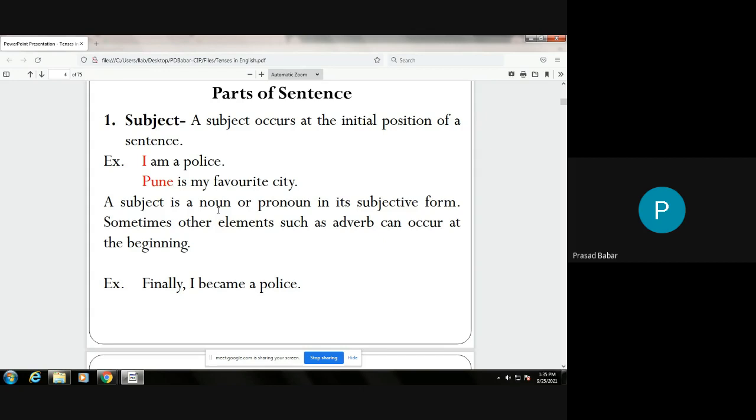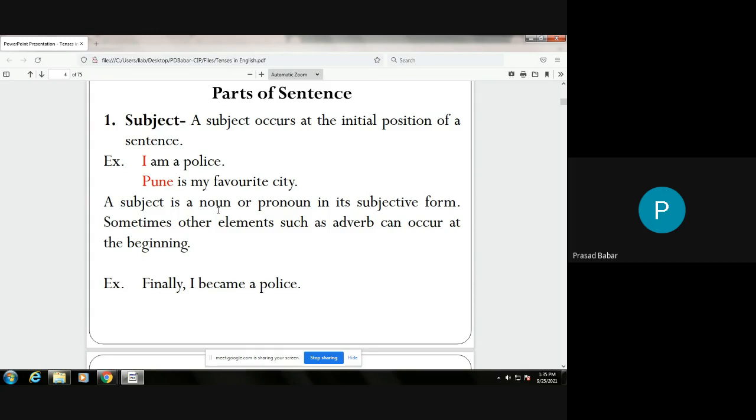Let's see an example of that. Finally, I became a police. So here, finally is a word, and what is its class, or what part of speech is it?